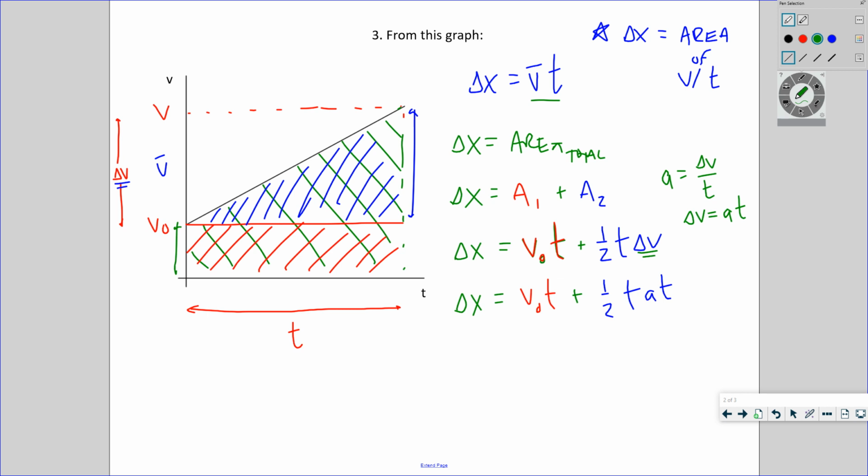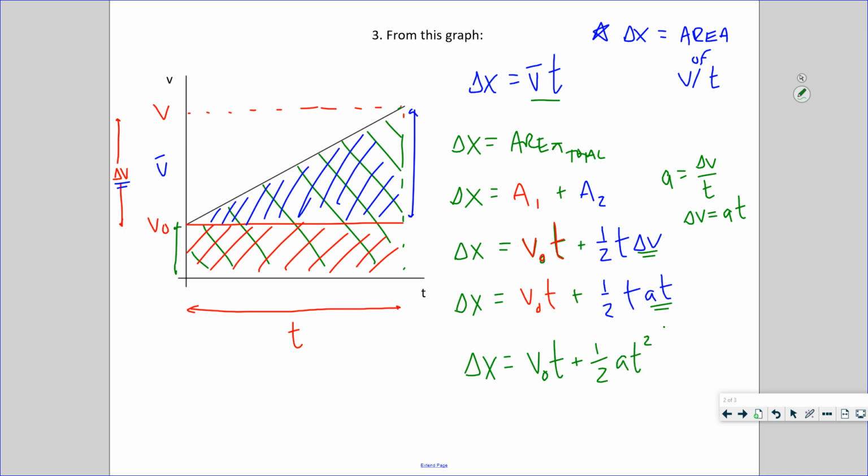Our delta v is a times t. And this we can then put into our final expression, our third kinematics equation that says v naught t plus 1/2 a t squared.